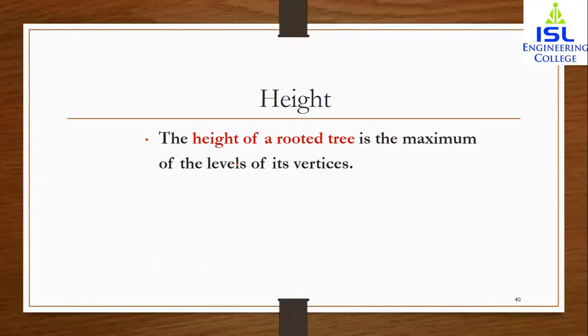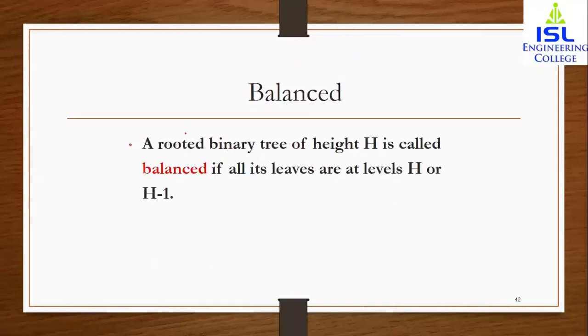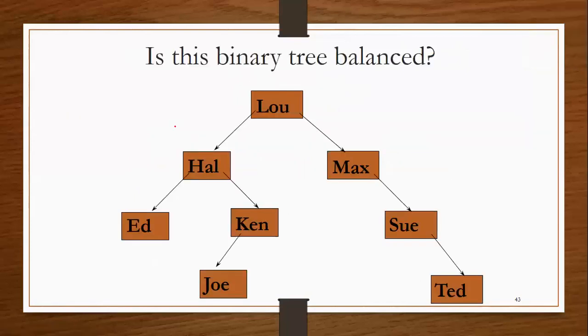Now, the height of a rooted tree is the maximum of the levels of its vertices. So what is the height? It will be 0, 1, 2, 3. So the height of the tree is 3. Now, balanced. A rooted binary tree of height h is called balanced if all its leaves are at levels h or h minus 1. What does this mean?